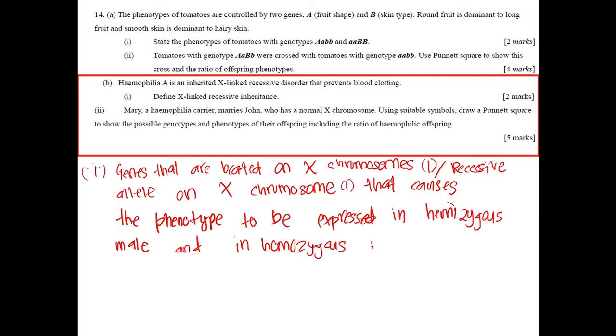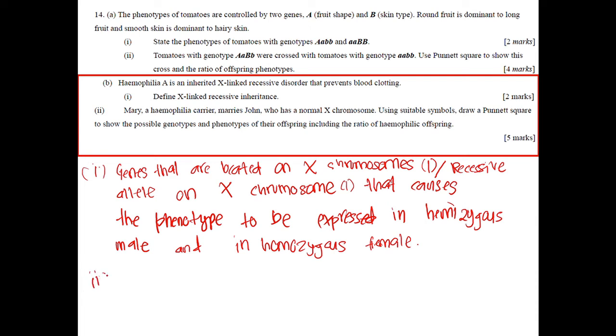So maksudnya this female individual must receive one recessive gene from the father and one recessive gene from the mother. So ada dua copy, homozygous condition. Barulah female ni akan express the phenotype or have the disease.